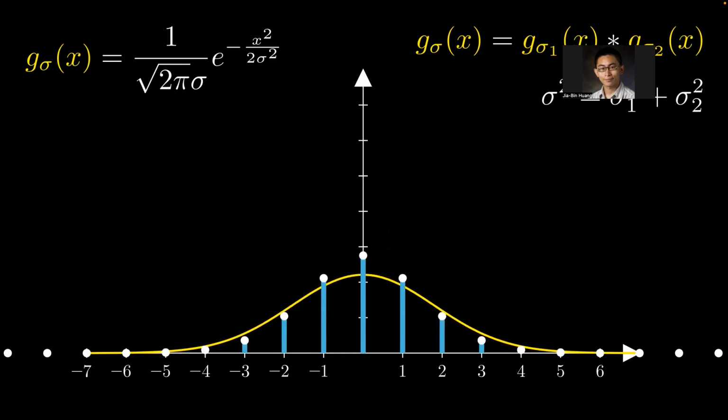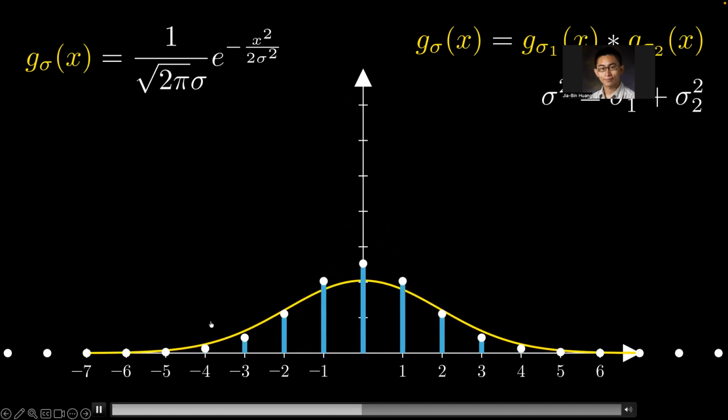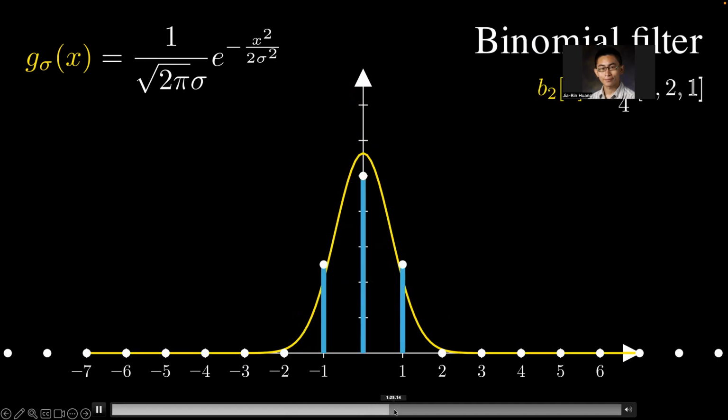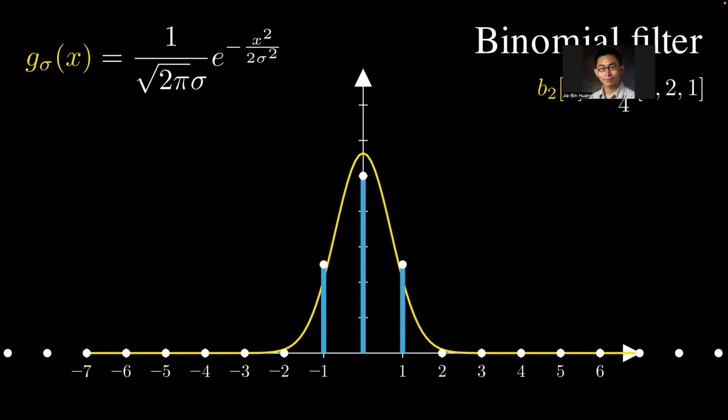So you can see that there's some approximation, some errors here. So typically what you want to use is something called a binomial filter that looks like this. It's basically a two at the center, one and one at the surrounding, and you normalize them.